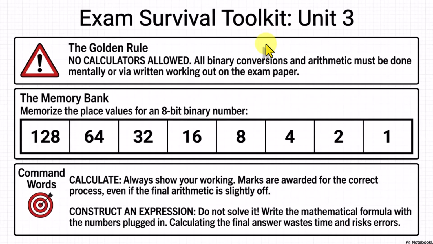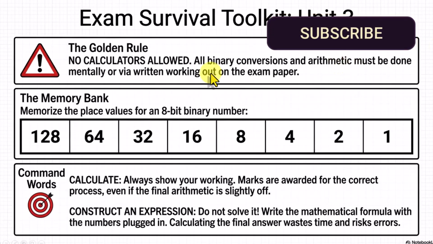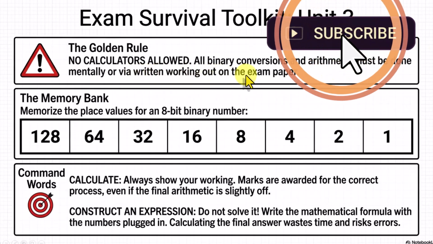Let's have some exam survival toolkit. Some golden advice for your exams. The golden rule: no calculator is allowed. So all binary conversions and arithmetic must be done mentally or via written working out on the exam paper.